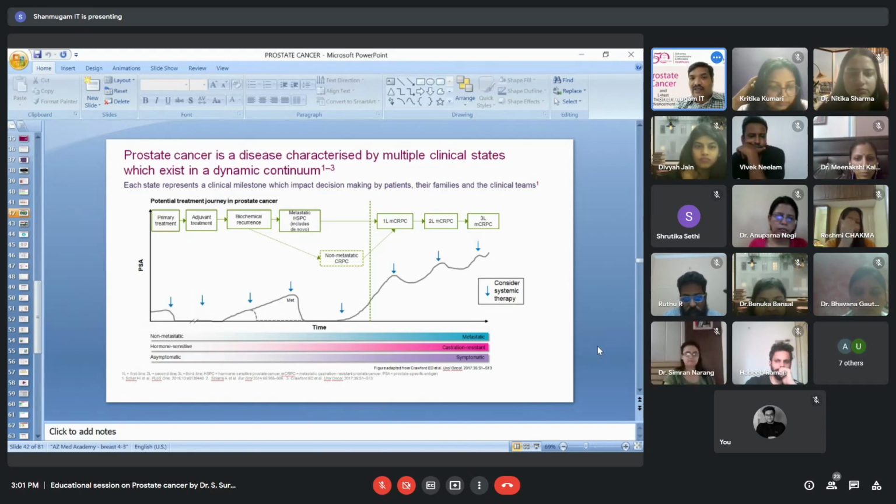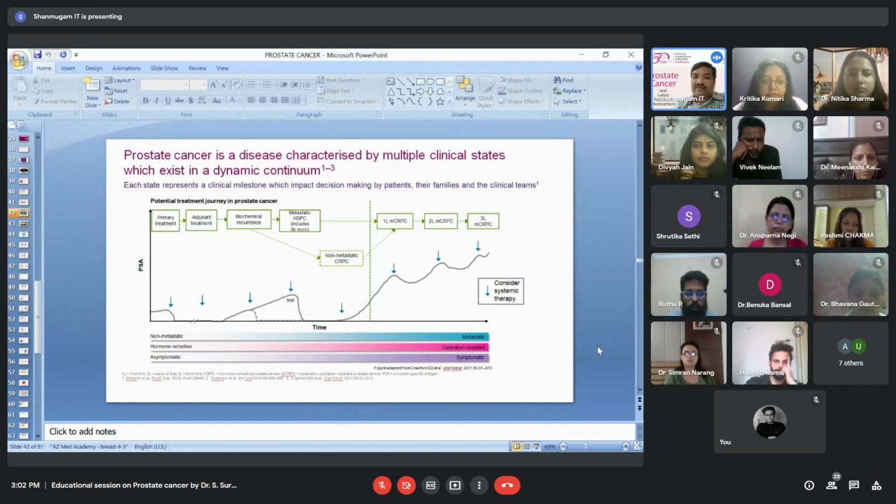The patient may be sensitive for a long time, or some people may not be very sensitive and will come back within a few months. When they come back, it is called a biochemical recurrence, and then we need to know the testosterone and PSA level and see whether the patient is still sensitive to hormonal management. That's called hormone sensitive.